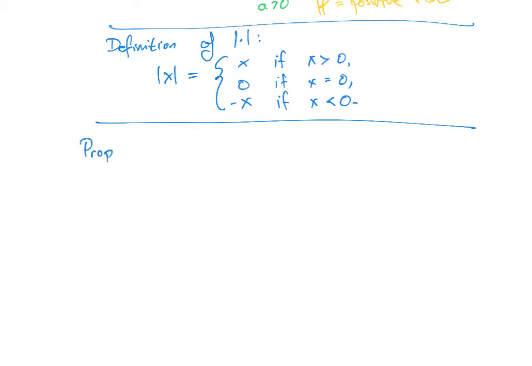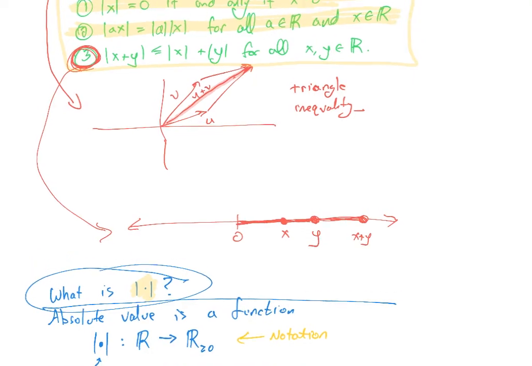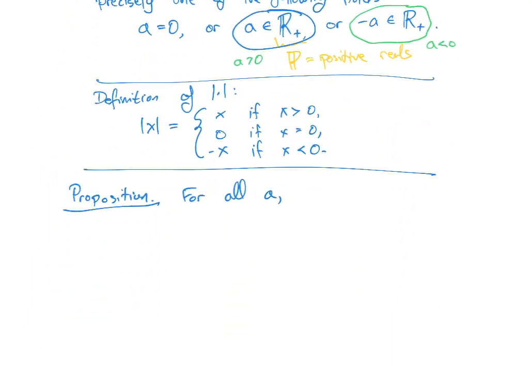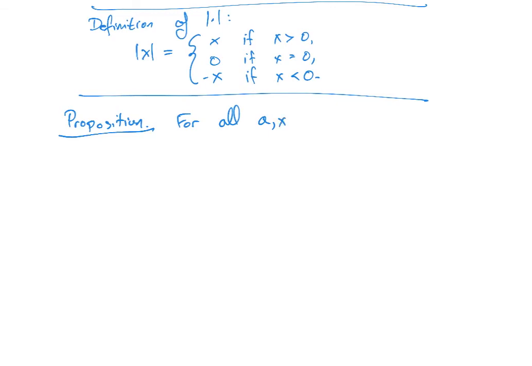So we'll call this a proposition: for all A and X in R, we have that |AX| = |A||X|.